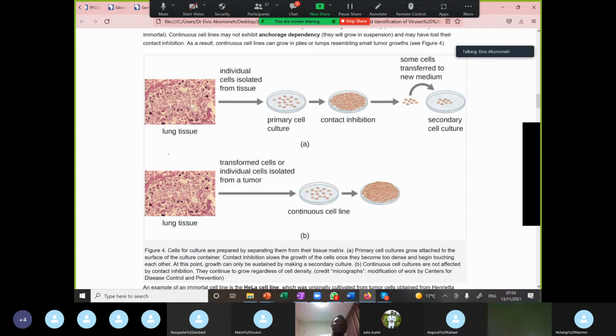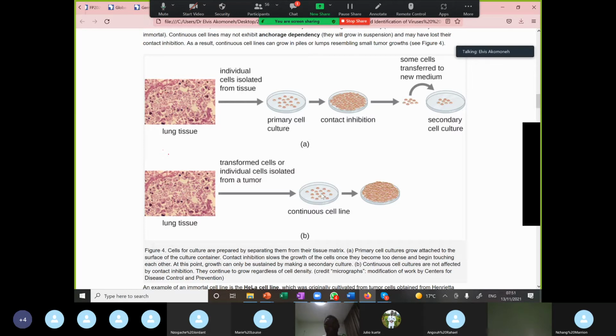So normal human cells are transformed to lose contact inhibition and also to enable them to divide infinitely. If you look at what I just said, I'm describing a cancerous cell. So some of the cell lines being used in scientific investigation today are cancerous cells.